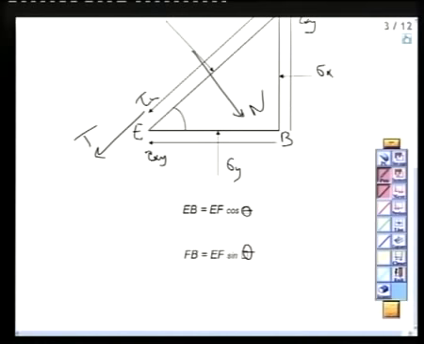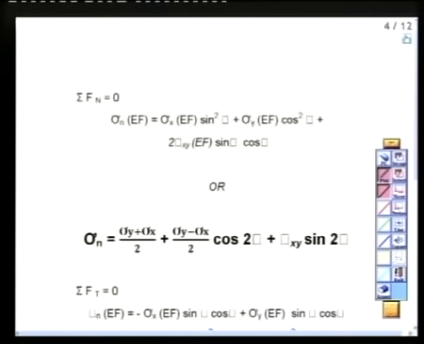So sigma n going down, multiplied by the plane that it acts on, which is EF, the inclined plane, equals sigma x multiplied by FB. But FB is EF sine theta, again multiplied by sine theta, so sine square theta, plus sigma y EF cosine square theta, plus 2 tau xy EF sine theta cosine theta.